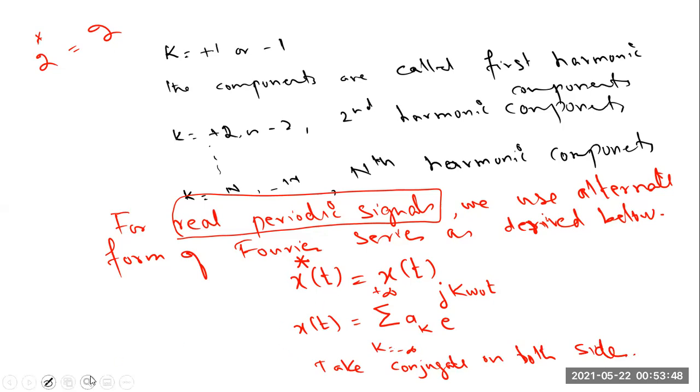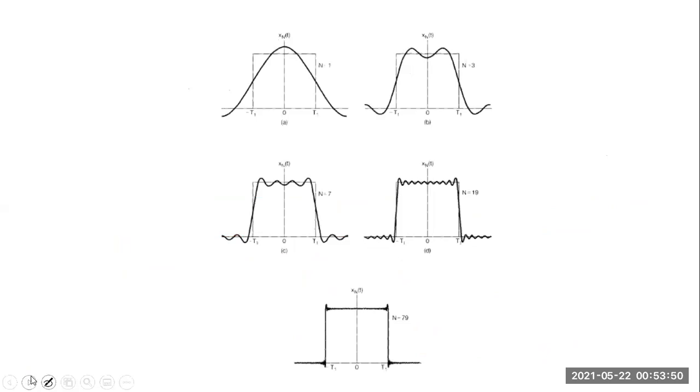On the left hand side, we will get x conjugate, and on the right hand side, a_k conjugate, and e to the power plus jk will become e to the power minus jk omega naught t. So by taking the complex conjugate on both sides, we will end up with this.